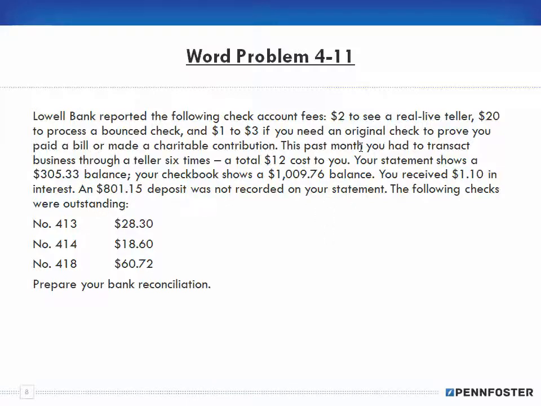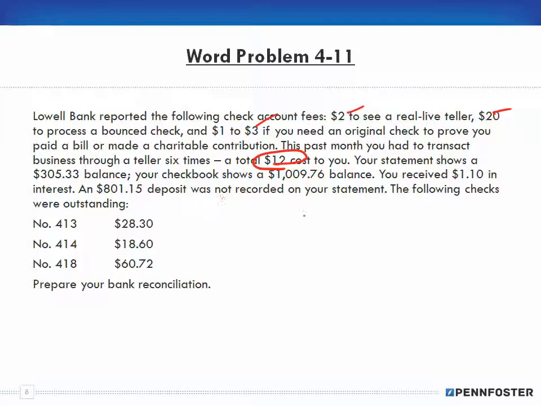Lowell Bank reported the following check account fees: $2 to see a real life teller, $20 to process a bounced check, and $1 to $3 if you need an original check to prove you paid a bill or made a charitable contribution. So those things would be on your bank statement and not in your register. This past month you had to transact business through a teller 6 times for a total of $12 to you.